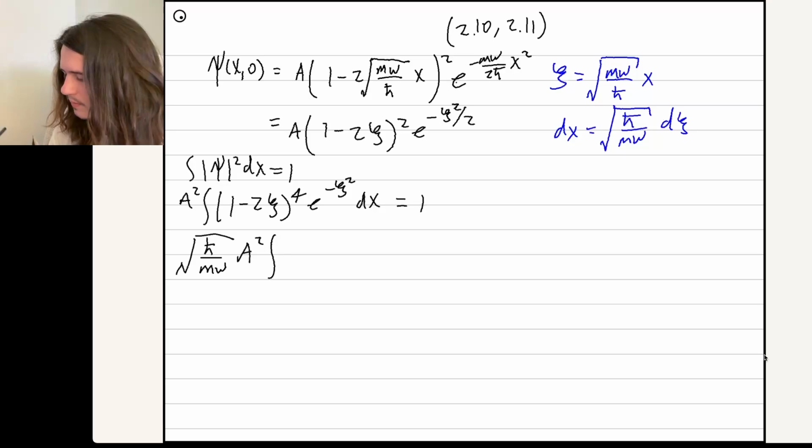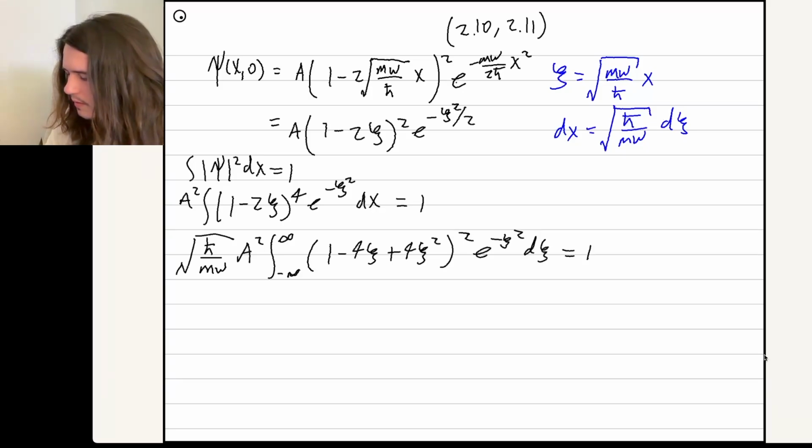And so I'm also going to start expanding the thing in the parentheses to the fourth. So we've got (1 minus 4ξ squared plus 4ξ to the fourth) e to the minus ξ squared dξ. And so we have to expand it again.